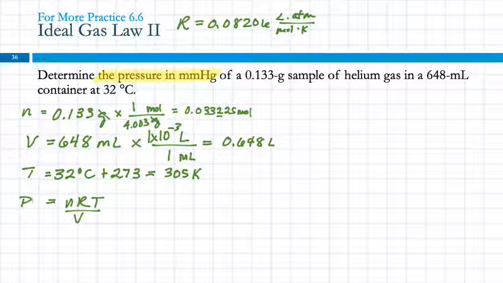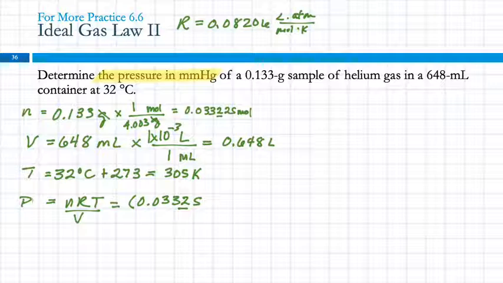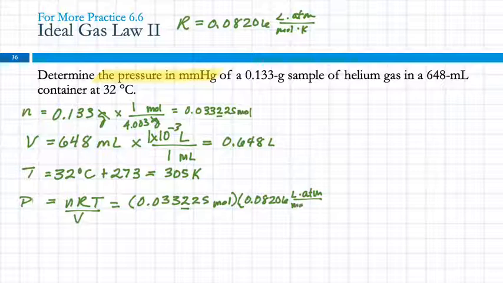So now we can put all of these numbers into our equation. 0.03325. Wait, I lost a 2. Moles. And there's R, 0.08206 liter atmospheres per mole Kelvin.